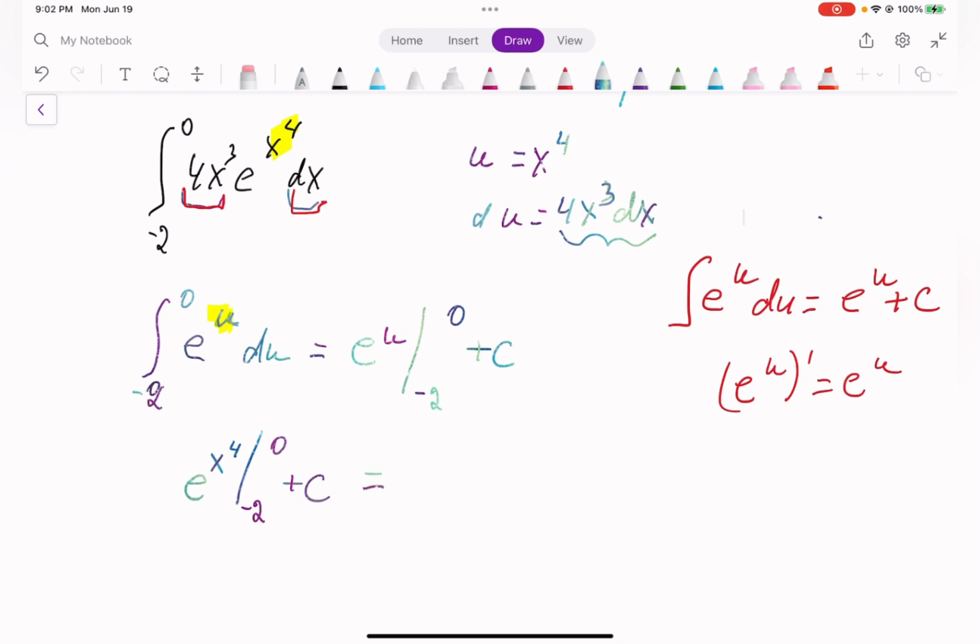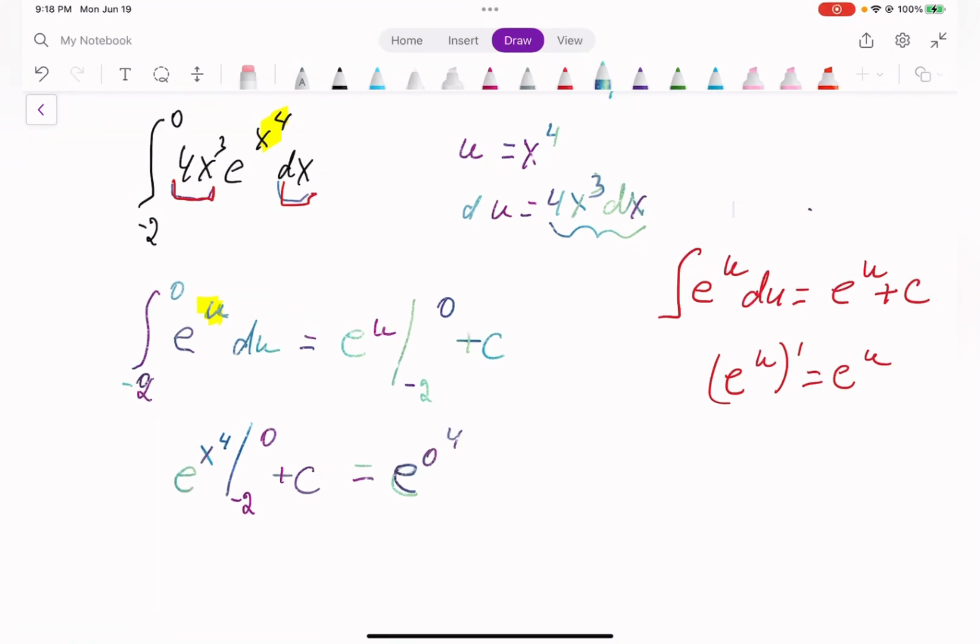So from here I'm going to get e to the power, first I'm plugging the ending value, which is 0, because negative 2 is smaller than 0, right? Negative 2 is beginning, 0 is ending. So it's going to be 0 to the power 4, right? Minus e to the power negative 2 to the power 4 and plus c.